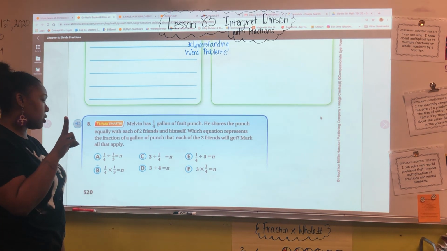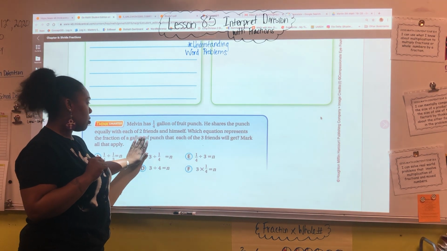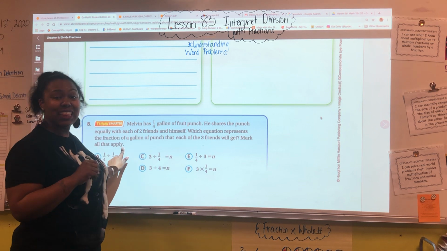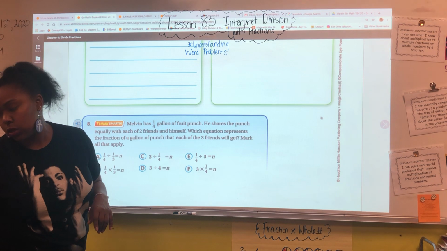You should have 2 correct answers. All right? So when you come down here and it says mark all that apply, there are 2 correct answers. So if you find them, if you want to do that bottom one, that's fine too.